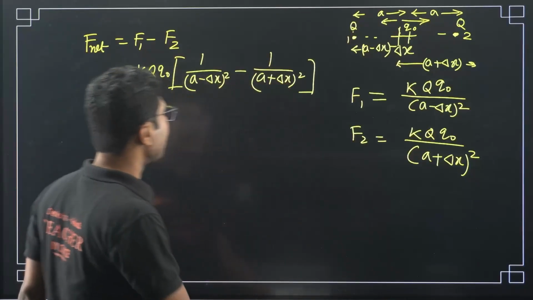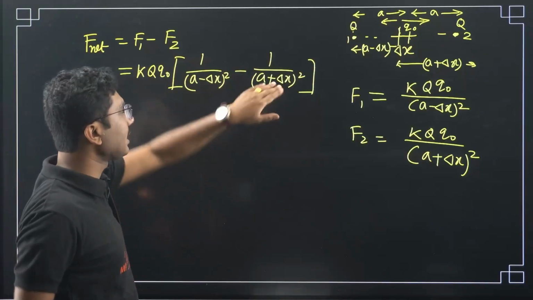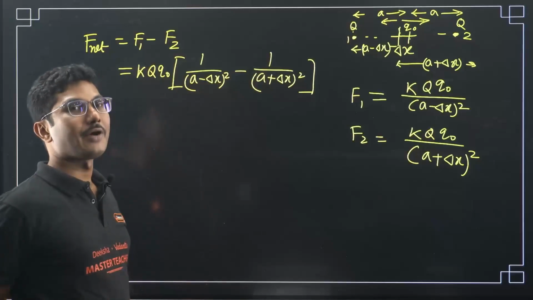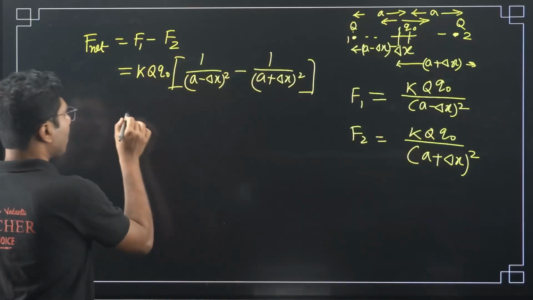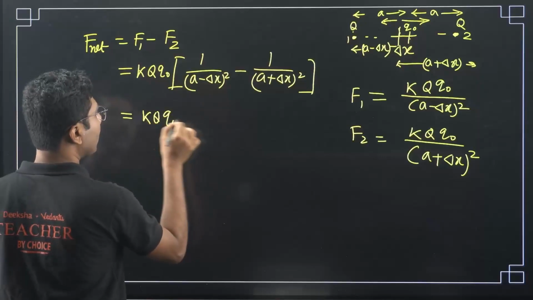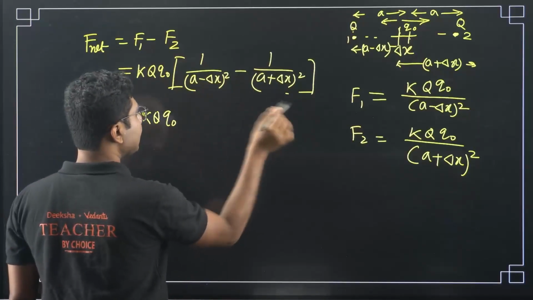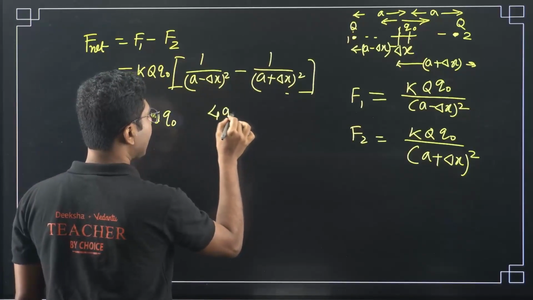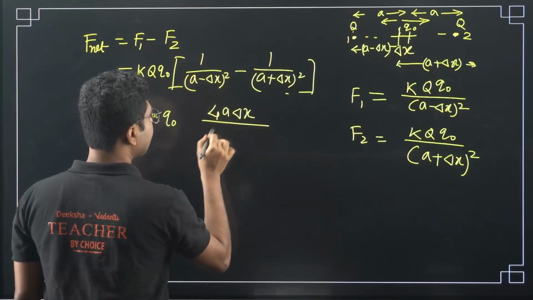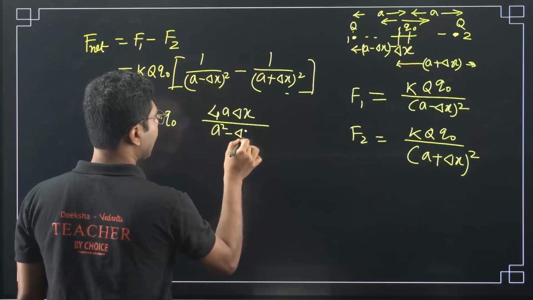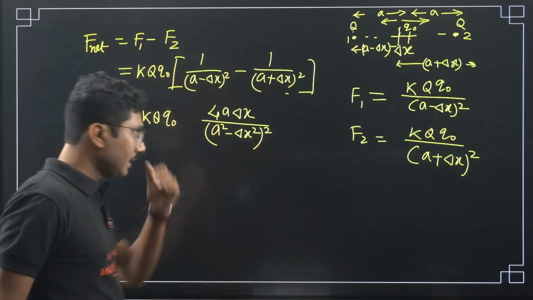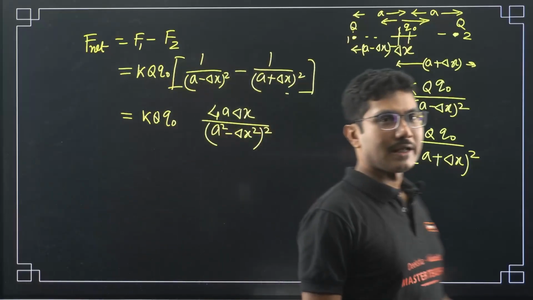If you are not expert, you have to do the multiplication, then put it over here, then simplify and solve it. But if you have done the derivation in case of the dipole, then you are aware this can be simplified as 4a delta x divided by (a square minus delta x square) whole square, right? So this can be simplified like this.